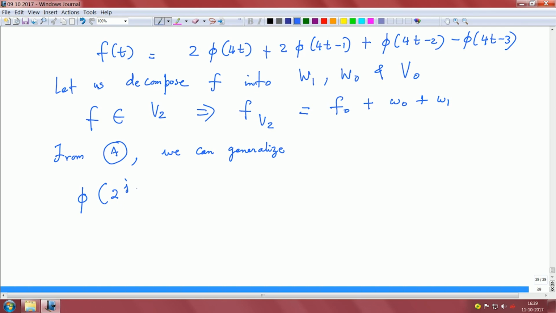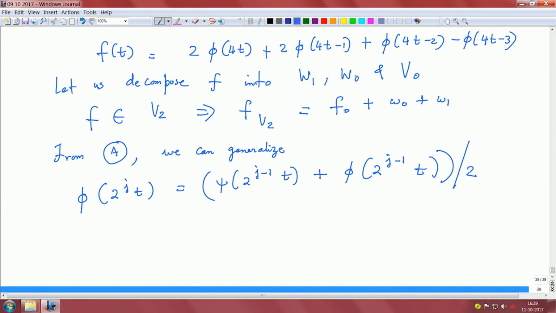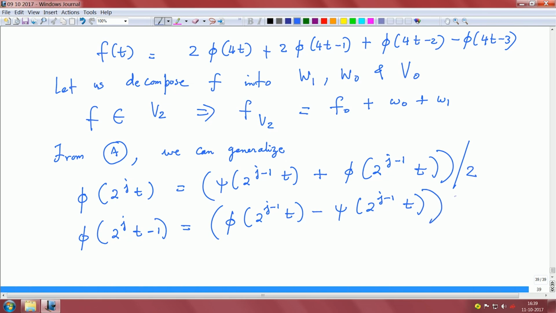Phi of 2 power j t is psi of 2 power j minus 1 t plus phi of 2 power j minus 1 t upon 2, and phi of 2 power j t minus 1, just a translate of this, can be written as phi of 2 power j minus 1 t minus psi of 2 power j minus 1 t upon 2, right.